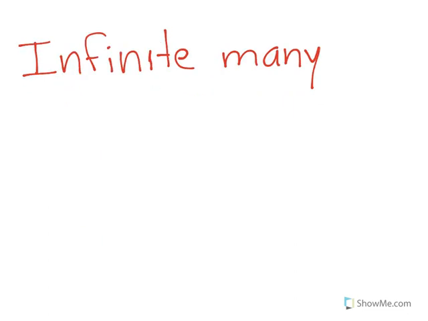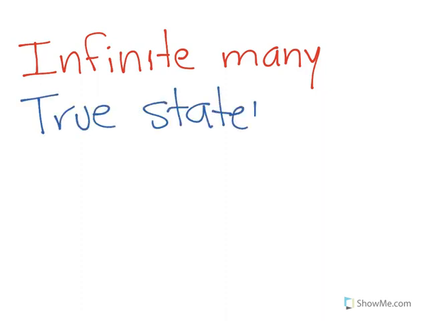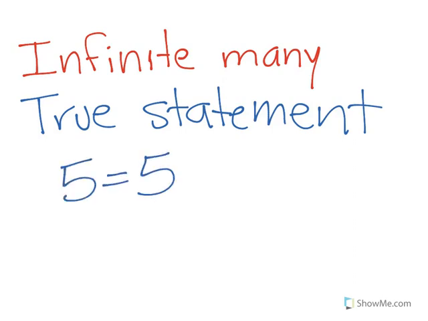Now for infinite many solutions, it's the opposite. You get a true statement. What is a true statement? It's a statement that will always be true regardless of any modification. So for example, if you were to get 5 is equal to 5, this is a true statement.